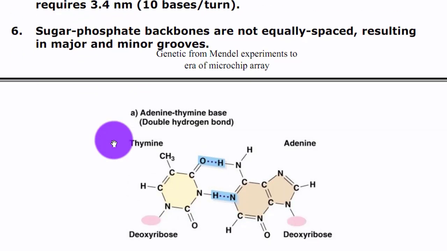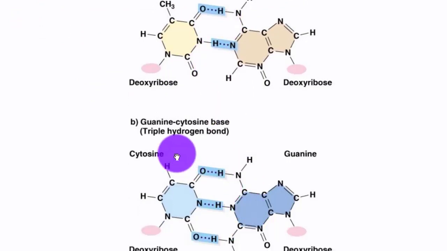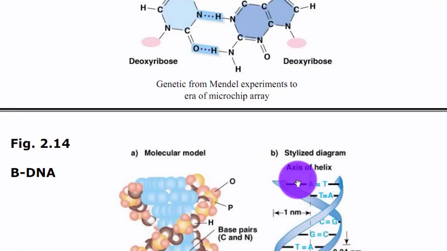The sugar phosphate backbones are not equally spaced, resulting in major and minor grooves. Adenine-thymine base pairs have double hydrogen bonds, and guanine-cytosine base pairs have triple hydrogen bonds.